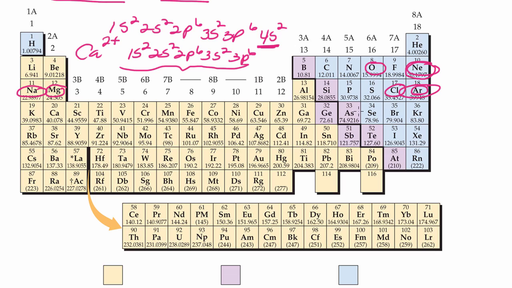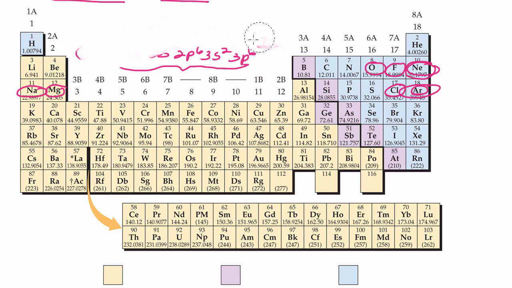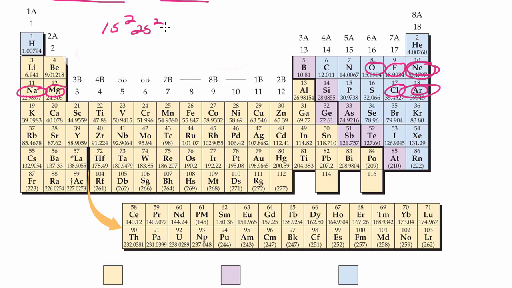Okay? Let's take a look here at fluorine. And the electron configuration for fluorine is 1s2, 2s2, 2p5.